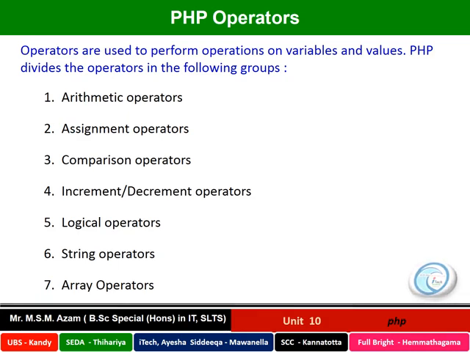First one, arithmetic operators. Second, assignment operators. Third one, comparison operators. Fourth one, increment or decrement operators. Fifth, logical operators. Sixth one, string operators. And the last one, array operators. We will talk about these operators one by one.